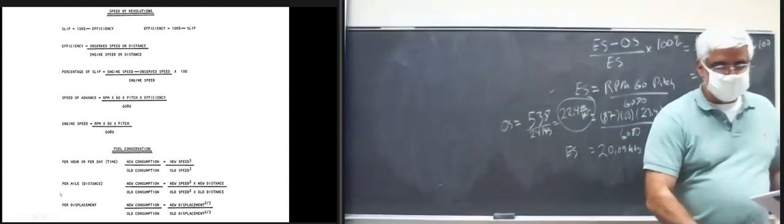But here's another kind of problem that uses these formulas down here. You've been consuming 215 barrels a day at 18 knots. So you've been running at 18 knots and doing 215 barrels a day.